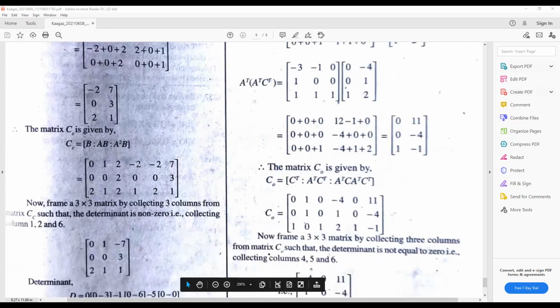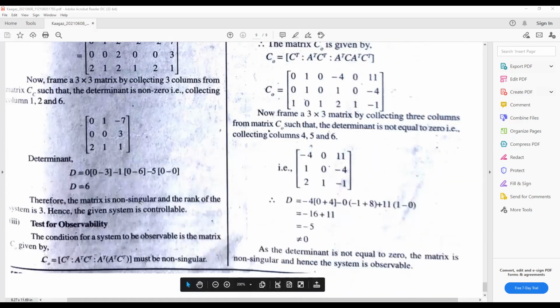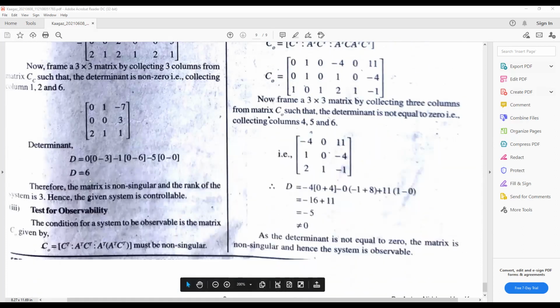Take one column from B, one from AB, and one from A square B. Taking any 3 columns, the determinant is not equal to 0. The determinant is equal to 6. So the given system is completely controllable.